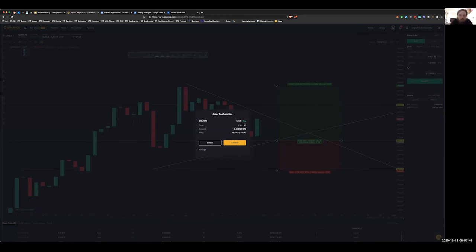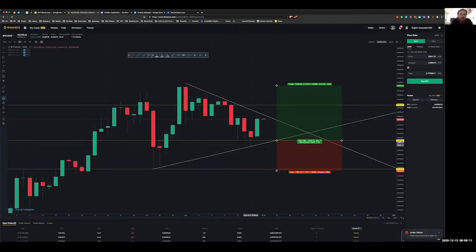So all Kevin's doing literally is buying Bitcoin at a level that he believes it's going to bounce off, and therefore, he is going to make more Bitcoin. He's going to buy it at a level he believes it's going to bounce off, and then sell it at a level which is much higher. So that's essentially what you want to do when you're in a long position. You want to buy it low and sell it high.